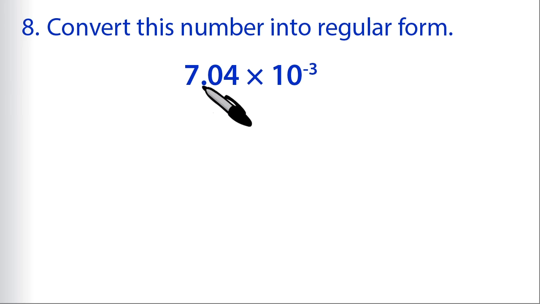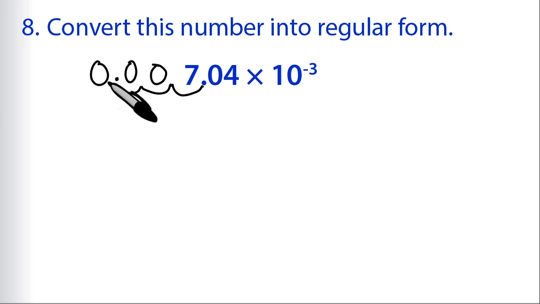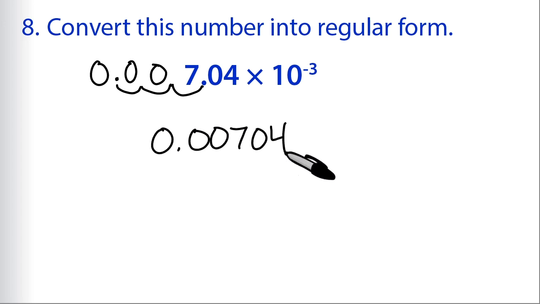So we move it 1, 2, 3 places to the left, and then we would put zeros in here to fill in the missing number places, and then put the decimal point there, and then another 0 out here so we can notice the decimal point better. So we'll write this out clearly here. 0.00704 is 7.04 times 10 to the negative 3 in regular form.